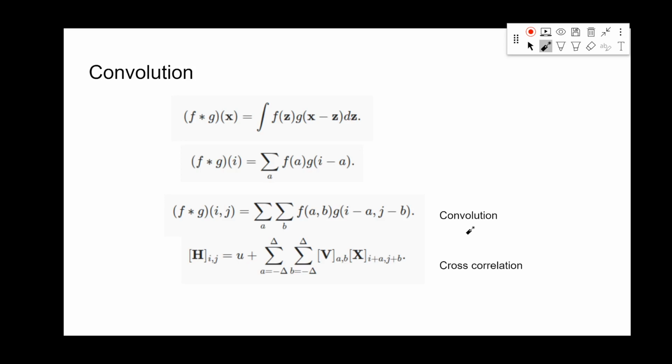So actually the convolutional network is actually a cross correlation neural network. But since the convolution is more well known in computer vision, and the neural network was studied from computer vision tasks, they still call it a convolutional network.